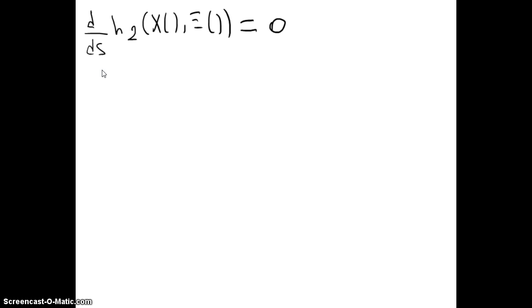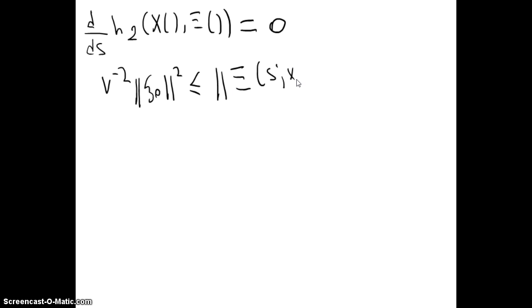And so the ellipticity hypothesis, the inequality, taking into consideration the initial conditions, will give b to the minus 1 norm of xi naught squared is less than or equal to norm of capital Psi(s, x naught, xi naught) squared, which is less than or equal to b norm of xi naught squared, and hence delta equals infinity.